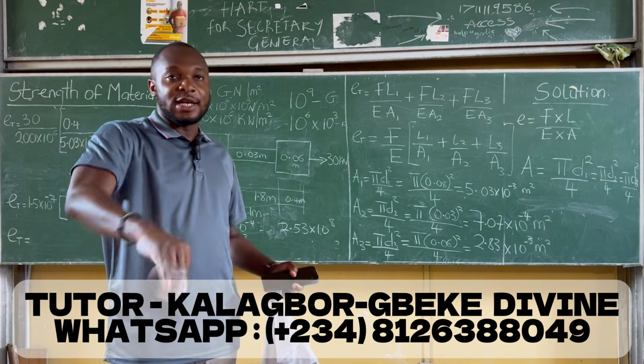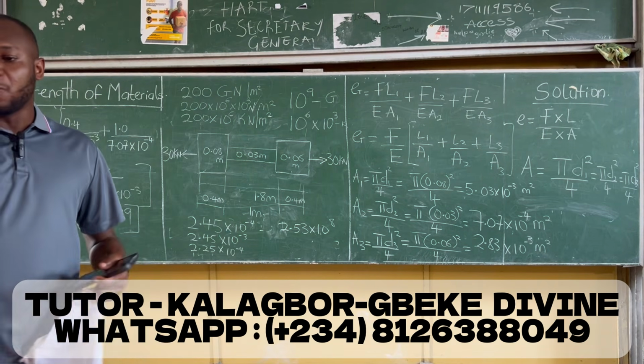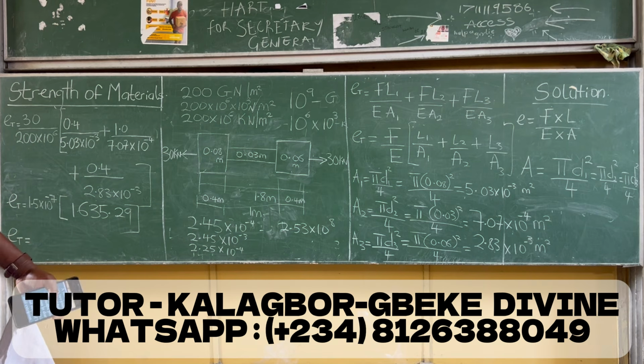Please, you are done for the first section. You can go for your break. Let me just punch it and give you the real answer. We are done with the first section. 1.5 times 10 raised to the power minus 7 times 1635.29.